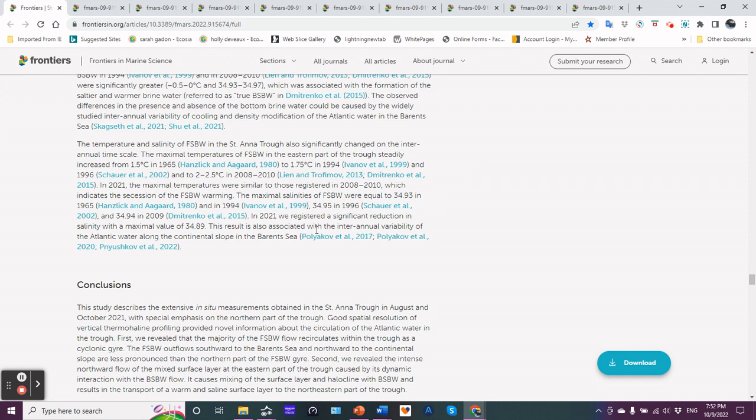So, in the span of some 40, 50 years, we went from 1.5 to 2.5 C. That was a whole degree warmer. Remember the specific heat content of water. That is a lot of extra heat that's in the water and being carried into the Arctic Ocean.